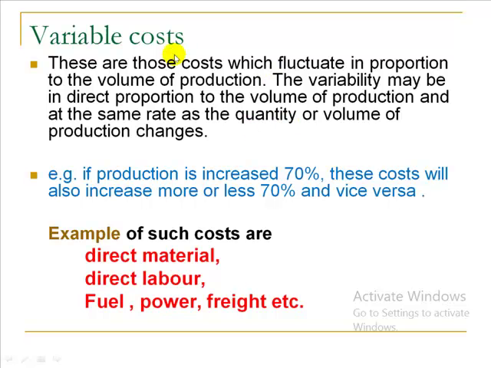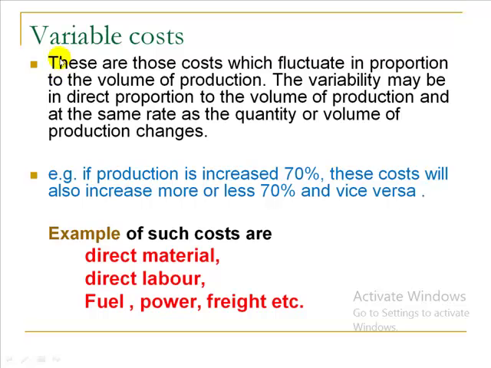It's not necessary that if our production or sales increase 100%, the variable cost will also increase 100%. It might increase 50%, 70%, 90%, or 120%. So it is not necessarily at the same rate.